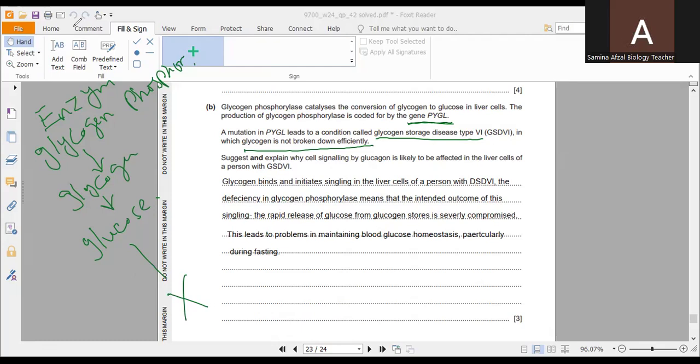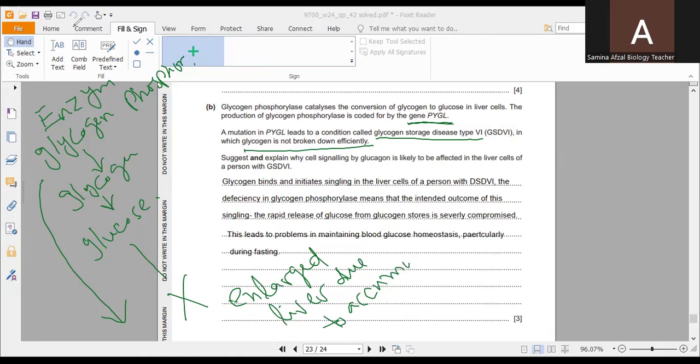Individuals with GSD6 often experience hepatomegaly, an enlarged liver, due to the excessive accumulation of glycogen in liver cells. That is what happens with the persons who have this problem, the inactive form of glycogen phosphorylase, due to which they have an enlarged liver due to accumulation of glycogen, because glycogen is not properly broken down.